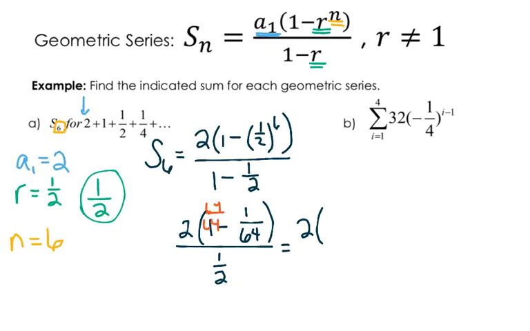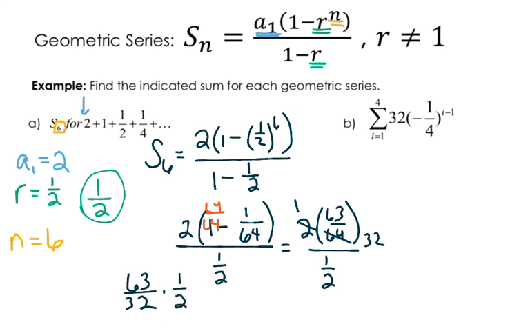So 63 over 64 divided by 1/2. So this right here, the 2 and the 64 cancels out to be 1 and 32. So right now I've got 63 over 32. When you divide by 1/2, that's the same as multiplying by the reciprocal.